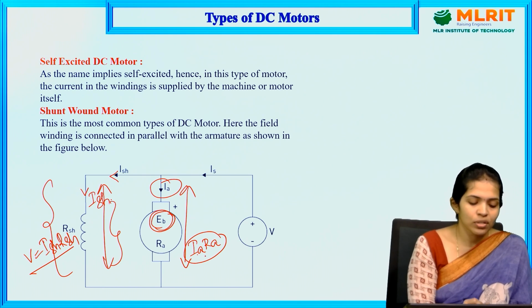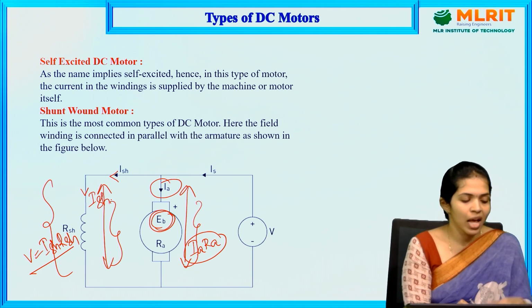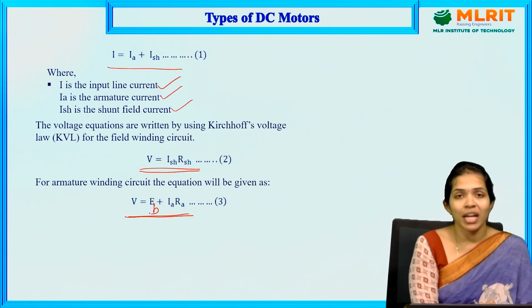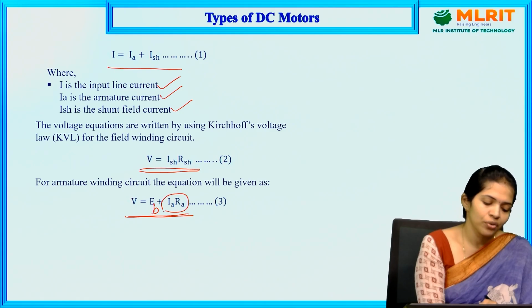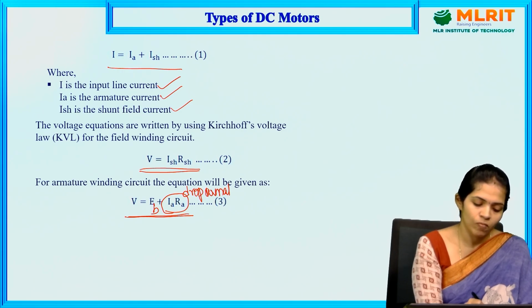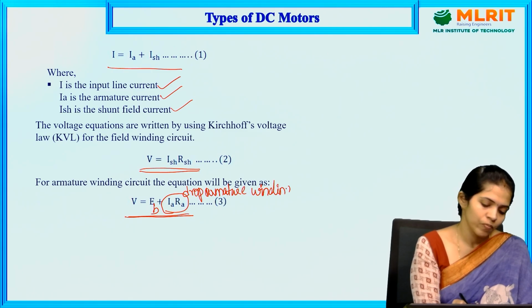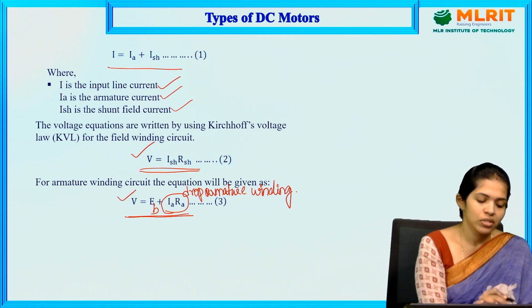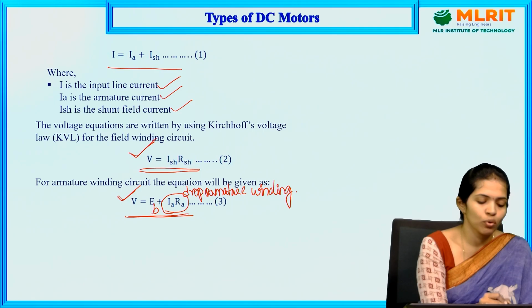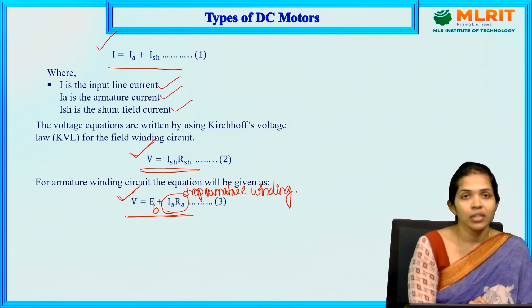The voltage across the armature is given as V equals EB, the back EMF, plus IA-RA, the drop across the armature windings. These are the armature voltage equation, the shunt field voltage equation, and the current equation of the DC shunt motor.